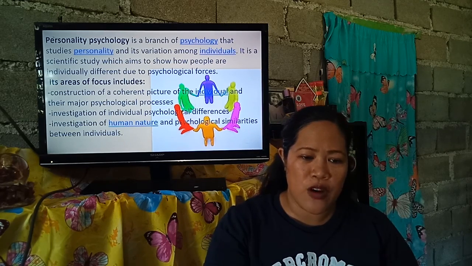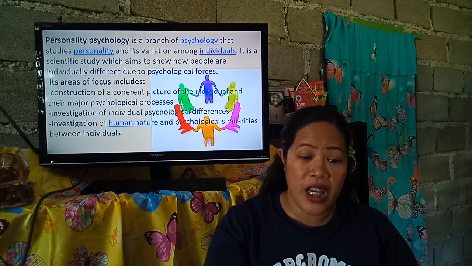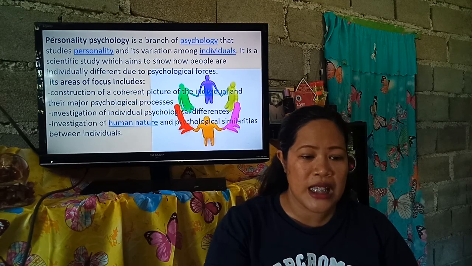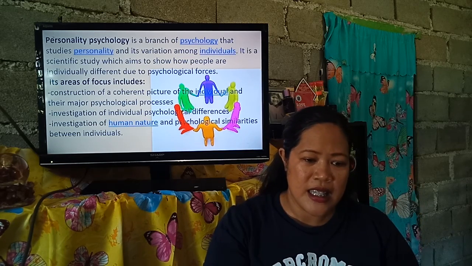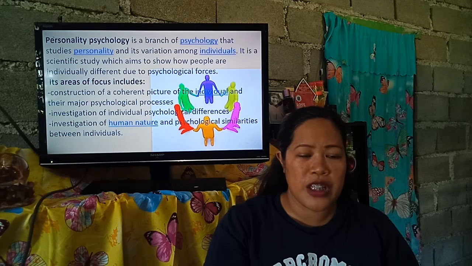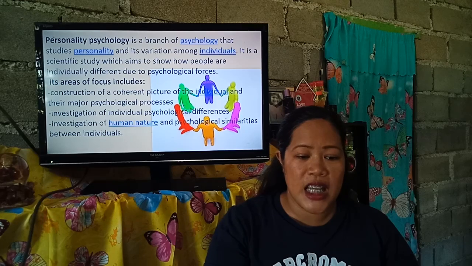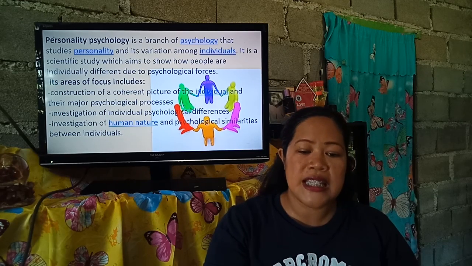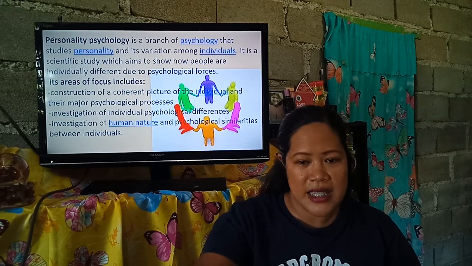Its areas of focus include construction of a coherent picture of the individual and their major psychological processes. Next, investigation of individual psychological differences and investigation of human nature and psychological similarities between individuals.